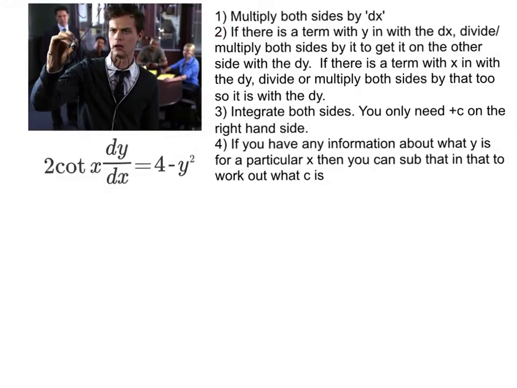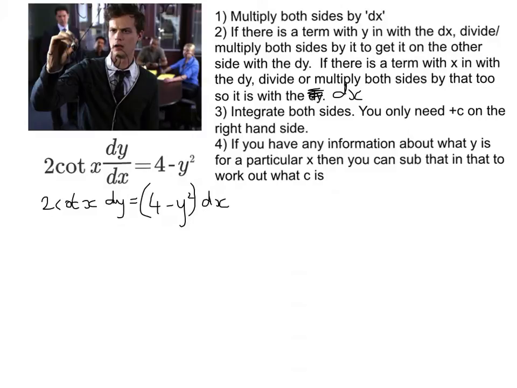This one looks fun. Okay, let's start by multiplying both sides by dx. 2 cot x dy equals, I've just remembered that should say dx, equals 4 minus y squared dx. We better put brackets around that 4 minus y squared so it doesn't look like 4 minus y squared dx. It's 4 minus y squared dx. Okay, what's the next job?